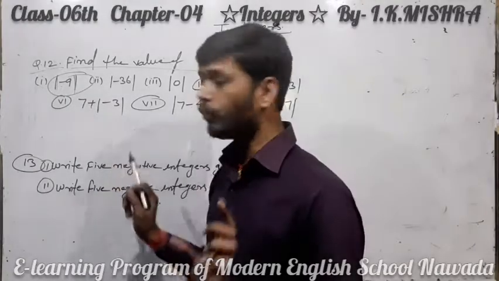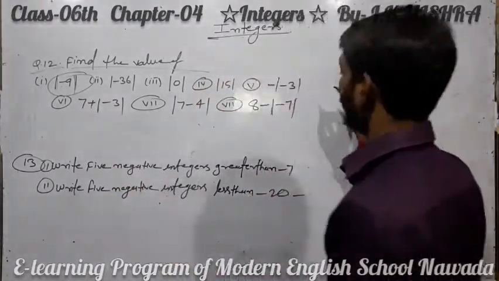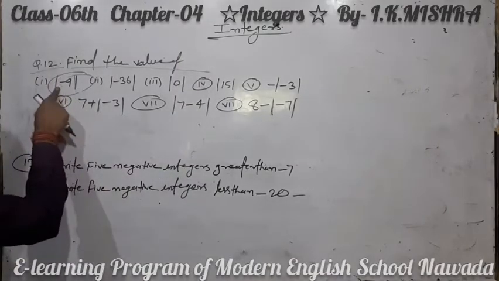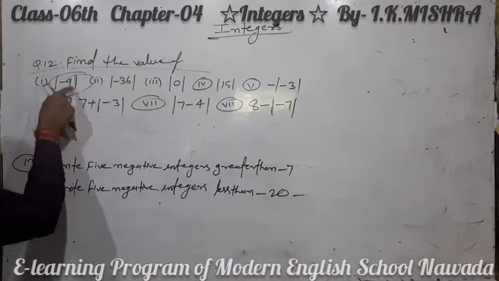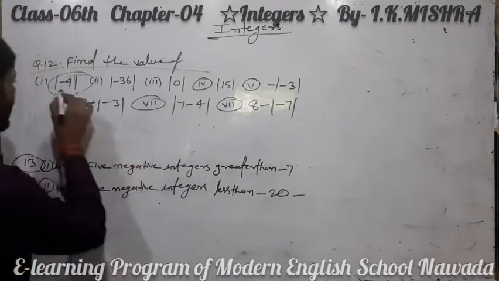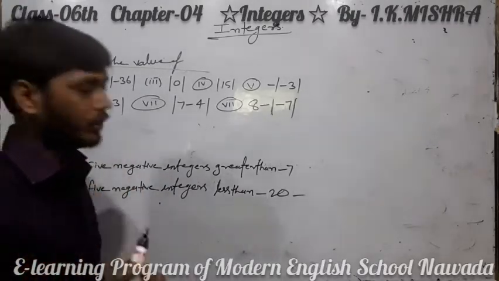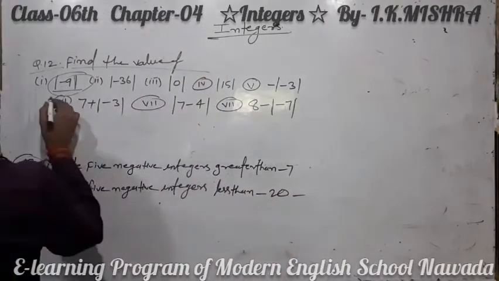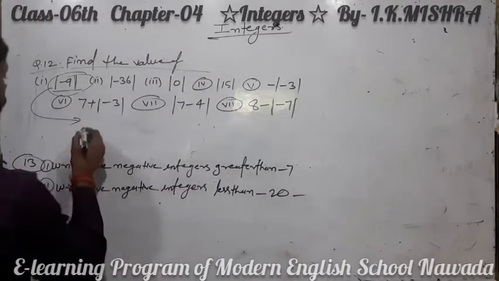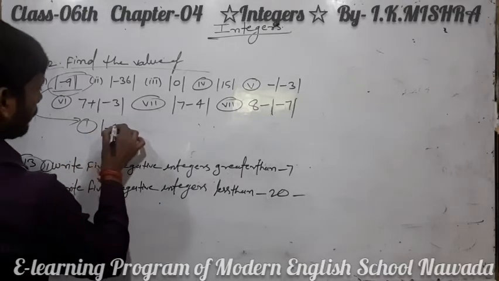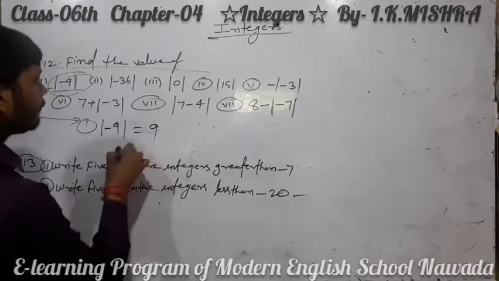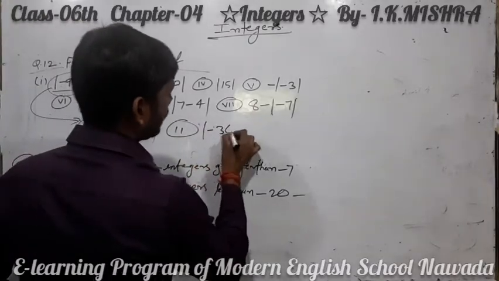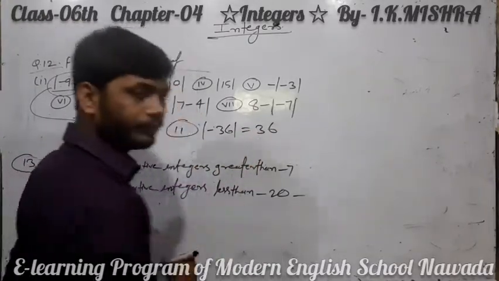Mod's full form is modulus, and when any integer is written between double vertical lines, this is called modulus, and its value is always positive. So students, in the first question, modulus of minus 9 is equal to 9. In the second question, modulus of minus 36 is equal to 36.